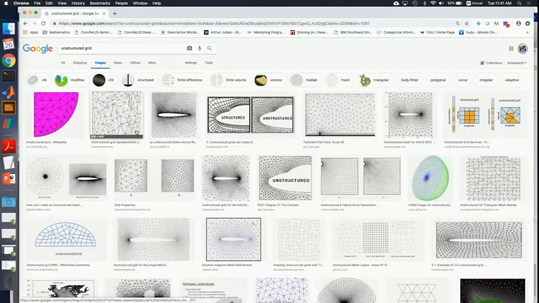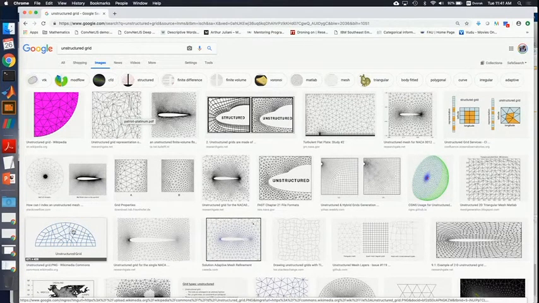It's mostly made up of triangles or hexahedrons or tetrahedrons. So there are many different kinds. There can be four-sided unstructured cells, three-sided cells. And finite volume methods are not very easy, but relatively easier to implement than finite difference schemes.